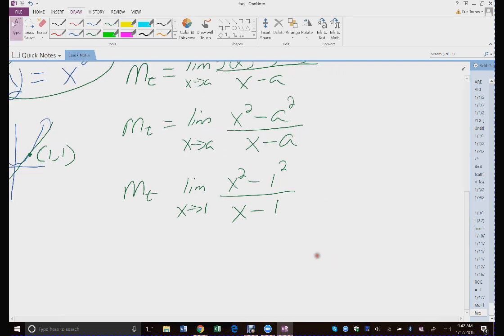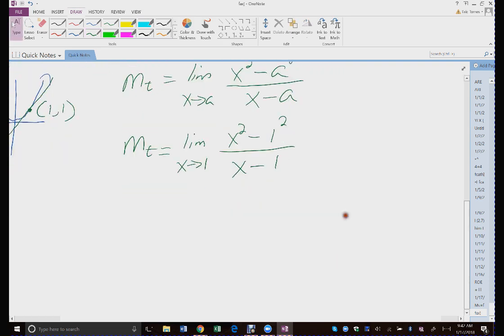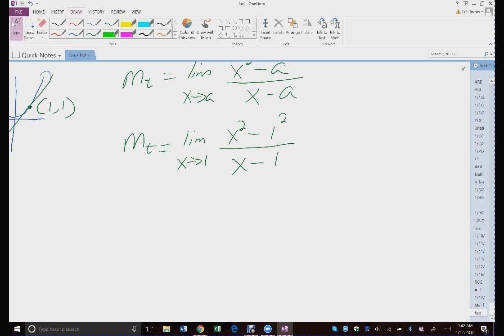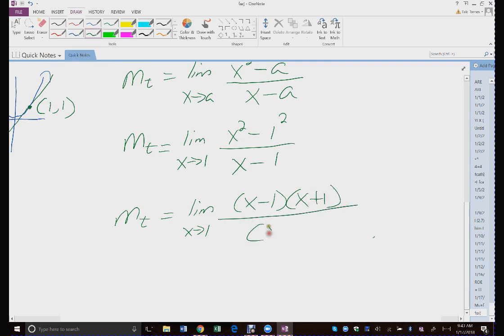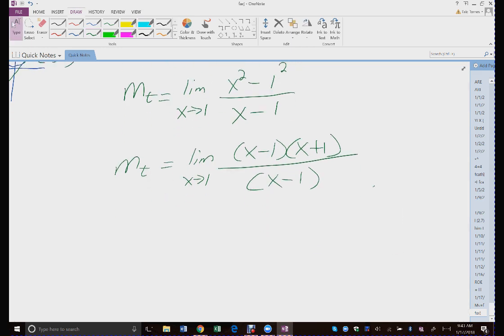Now, what I'd like you to notice is that the top is a difference of perfect squares, which means the top can be factored into x minus 1 times x plus 1 all over x minus 1. Now, I know I can reduce this limit by taking the top and reducing it with the bottom and not change the value of the limit.